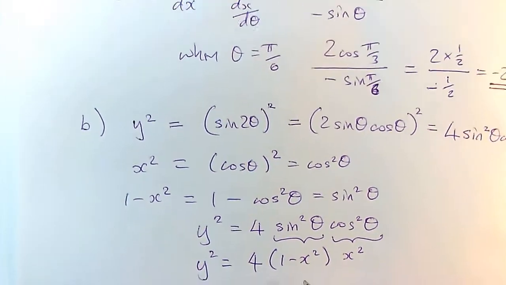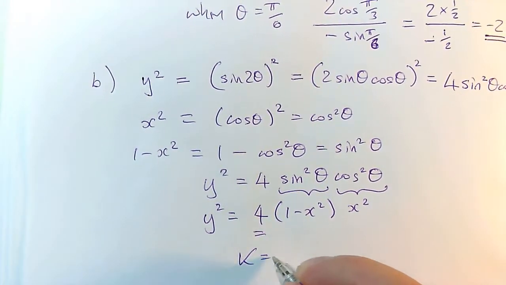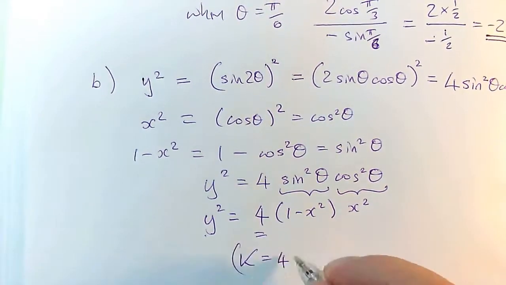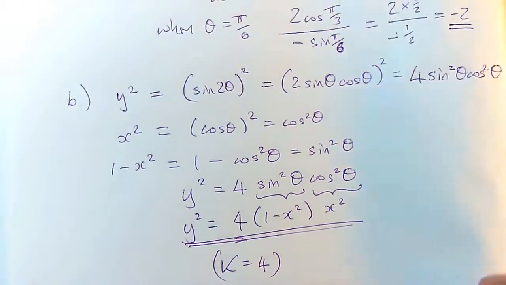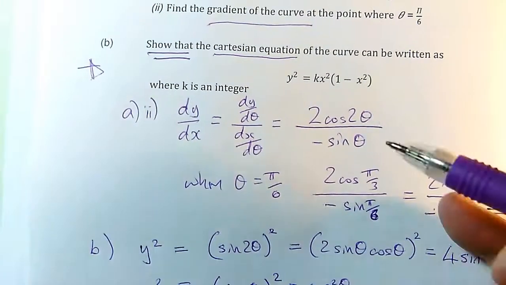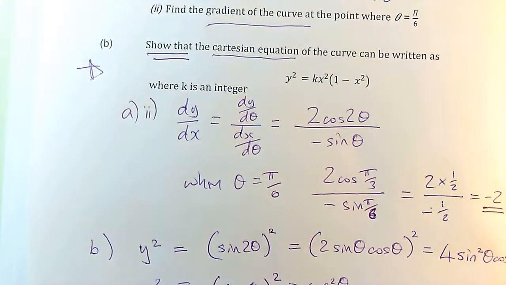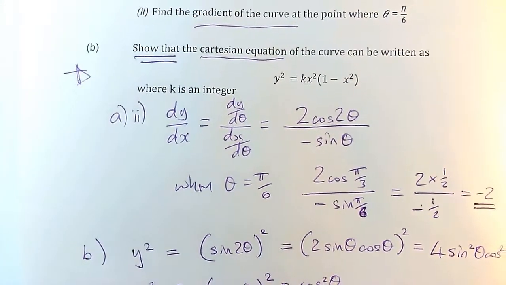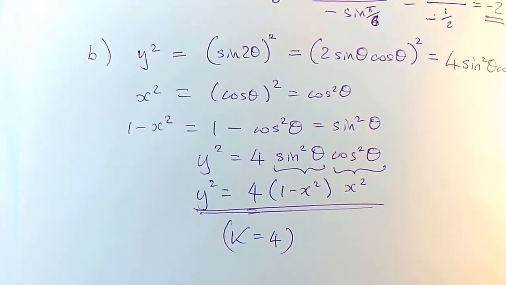So this is exactly what we wanted. So basically the constant k equals 4, but that's almost in brackets. This is my answer. And although I've actually got there by using this as a starting point, on a show that question with a Cartesian equation from parametrics, it is okay to do this. So this is a perfectly acceptable solution, and that would get full marks.